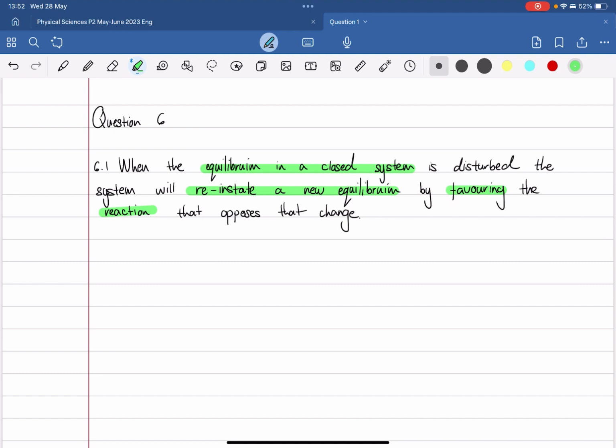So if you increase the concentration of a certain substance, the system will try to decrease the concentration of that substance, and it does that by favoring a certain reaction, either the forward or the reverse reaction. Just an example, but that is Le Chatelier's principle.